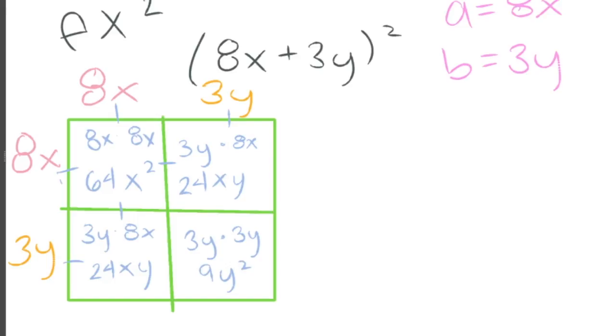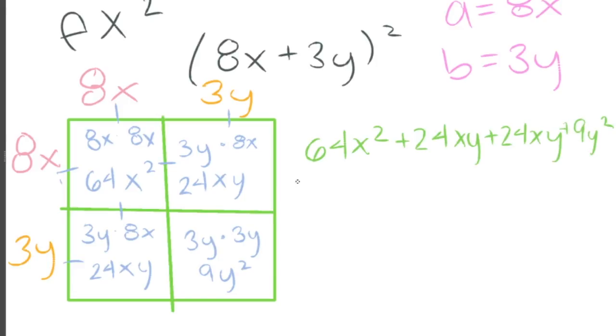And again, let's write it all out and add them all together. And we get 64x squared plus 24xy plus 24xy plus 9y squared.